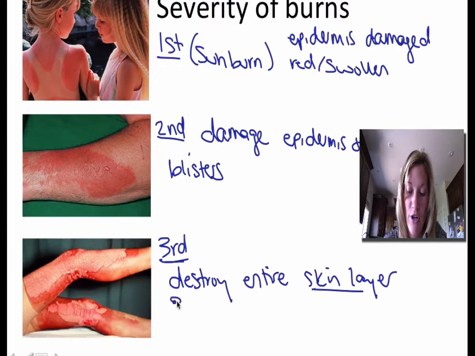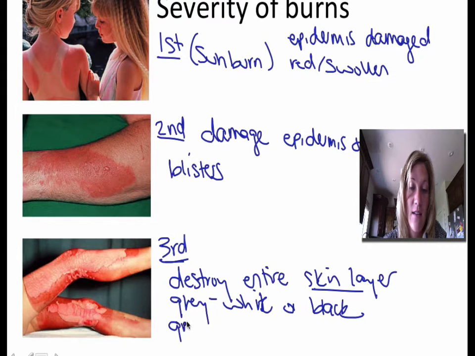Skin can turn gray, white, or black. And skin grafting must be done as well. So that's where they take skin from another body part, and then they're going to try to grow it onto the damaged area.